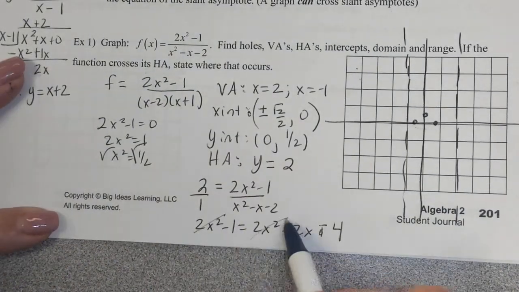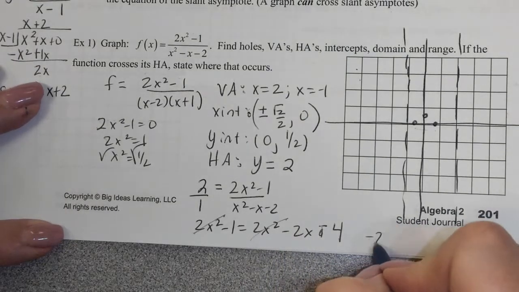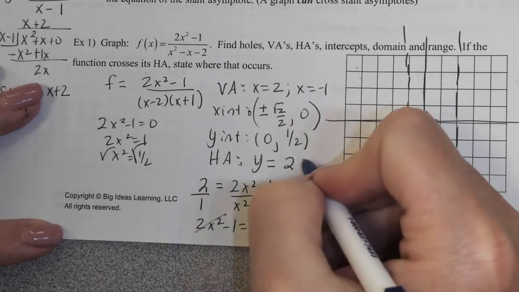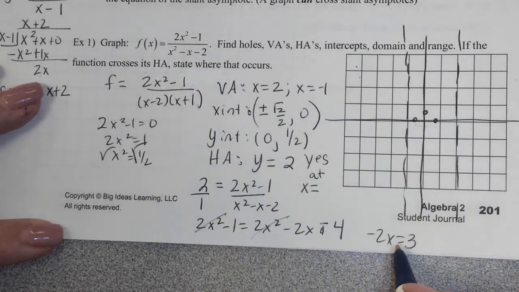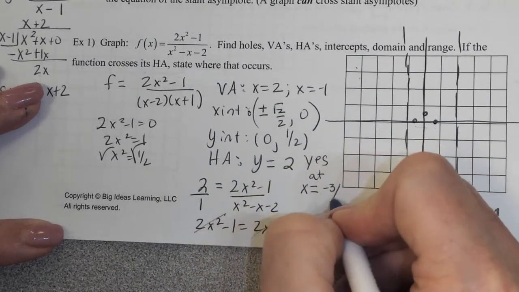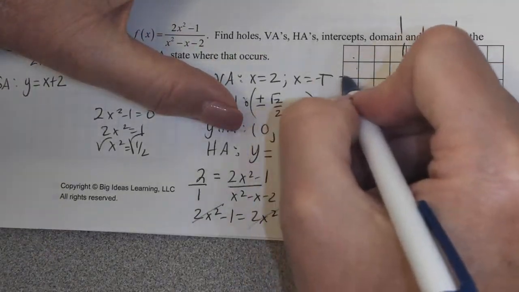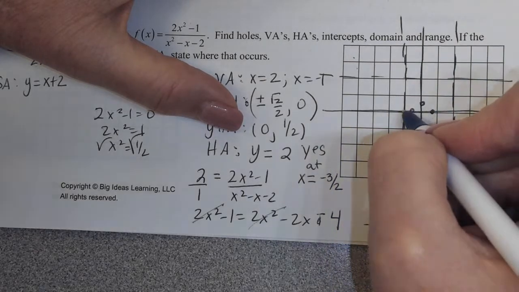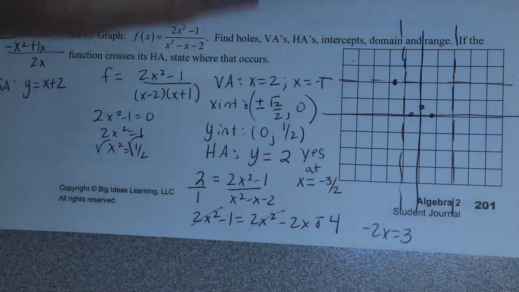These cancel out. I'm going to get negative 2x equals 3. So yes, it does cross. What's it going to be? Negative 3 halves. So at negative 3 halves, it's going to cross that asymptote. So there's negative 1, negative 1.5. Okay, it's going to cross right there.